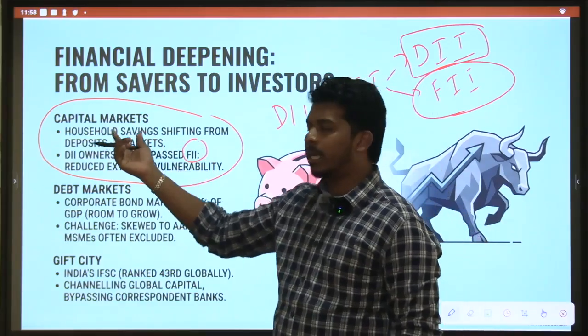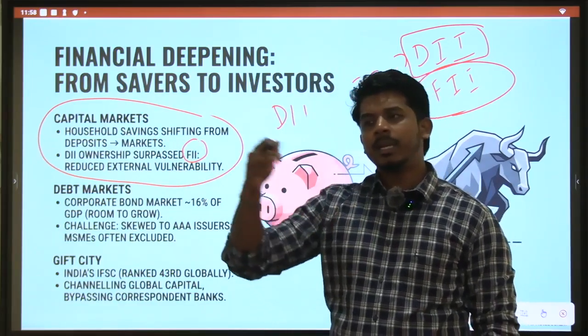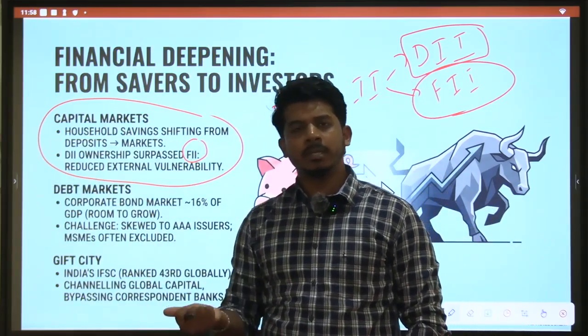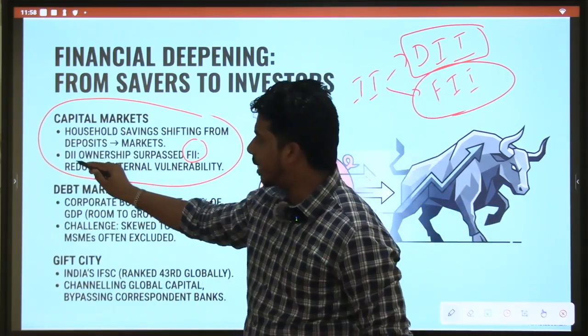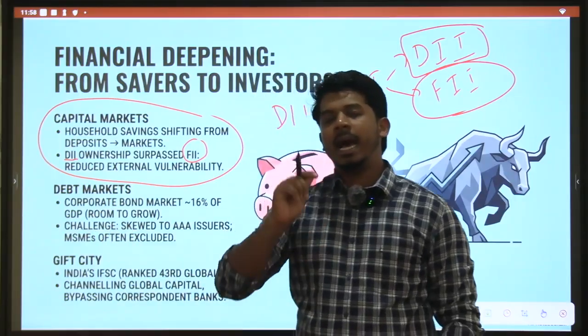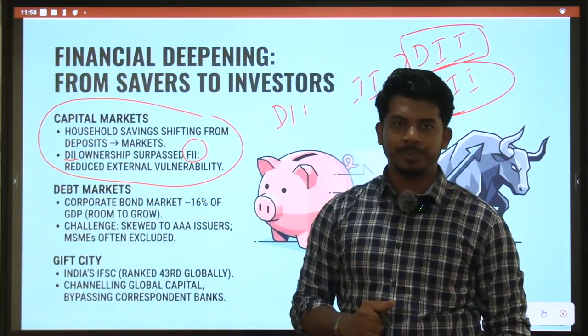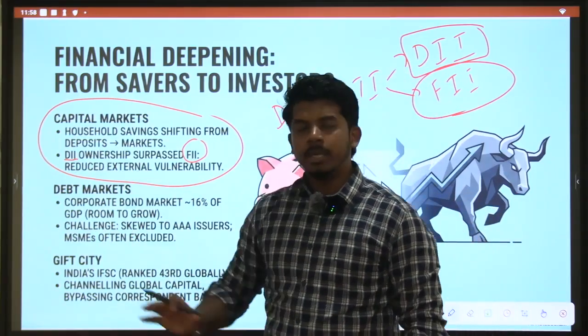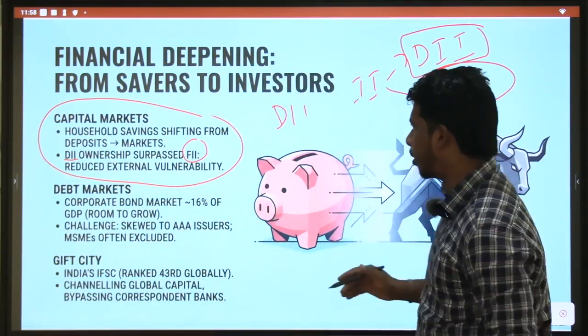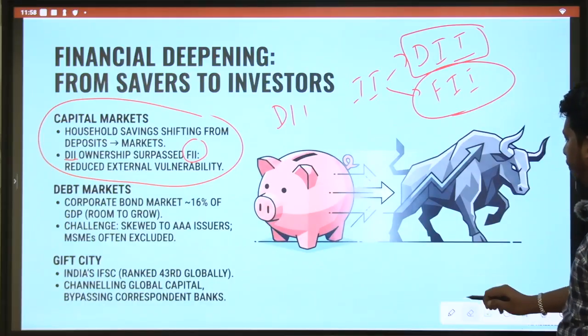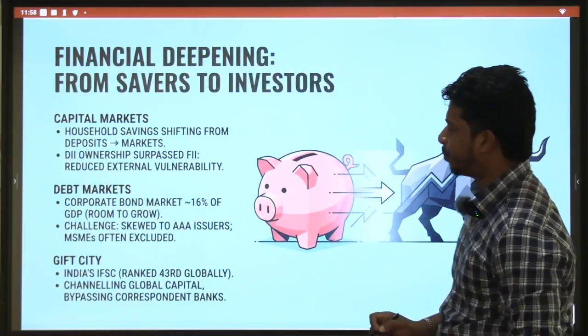Domestic investors were preferring other mechanisms like bank deposits, gold, etc. But now the situation is changing. Now domestic institutional investors are more than foreign investors. This is a good thing, because domestic investors are more trustworthy and more stable than foreign investors. So our financial market is achieving more stability.